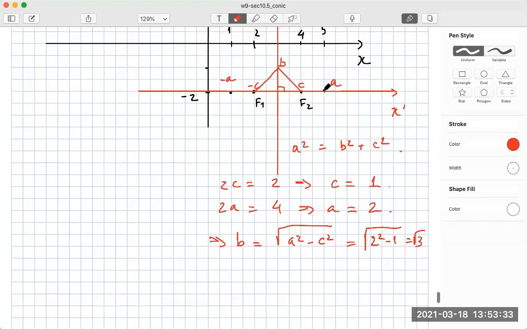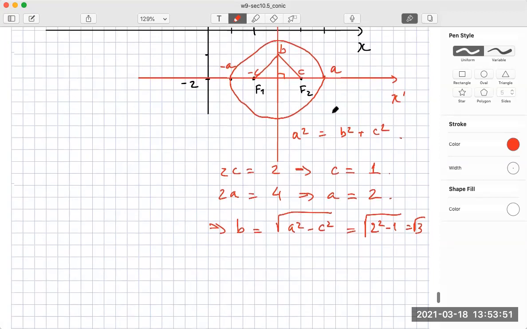It means that the ellipse, in fact, should be somehow like this. Okay. And in this coordinate, the equation of this ellipse will be, in the x prime coordinate, what is it?